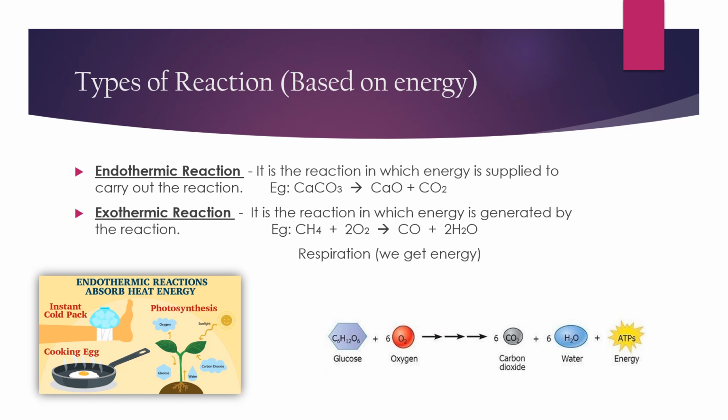The heat is supplied. The same example is given here: CaCO3 is heated to form calcium oxide, that is CaO, plus CO2, that is carbon dioxide. So we can see that for the separation of calcium oxide and carbon dioxide, heat is supplied.